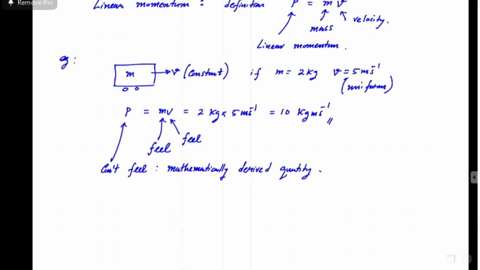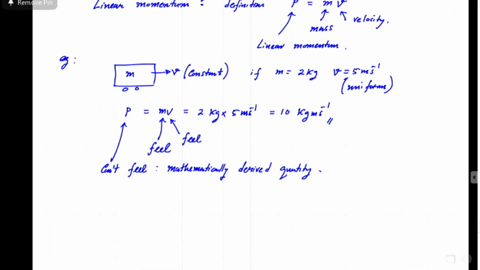So likewise, inside that there is something that you can't feel, but it is there. So likewise, momentum you can't feel. Force you can feel. So that's why we say it's a mathematically derived quantity, which is the multiplication of mass and velocity. All good, guys? Yeah.